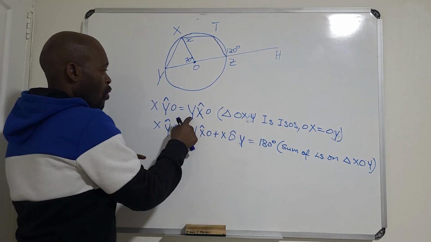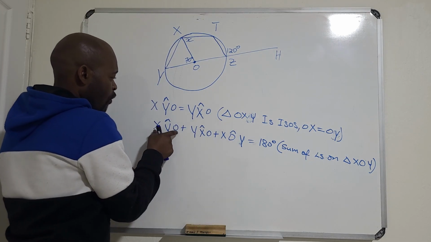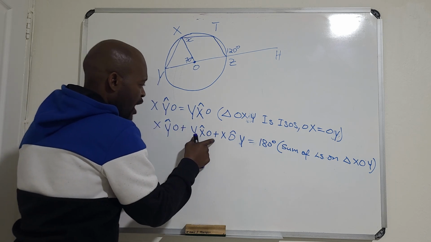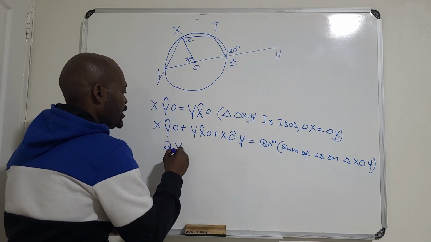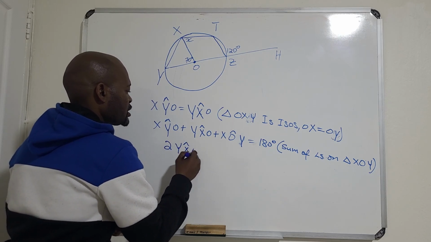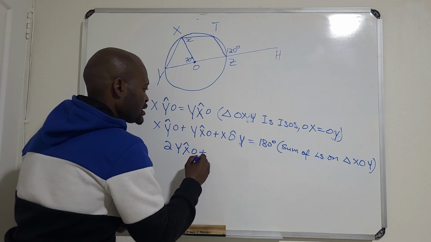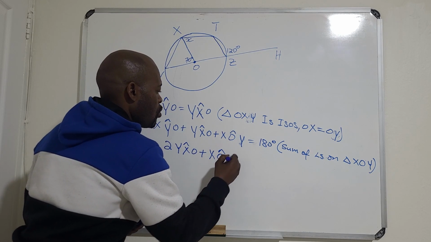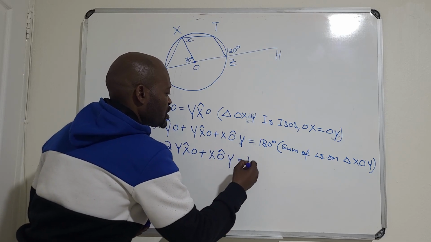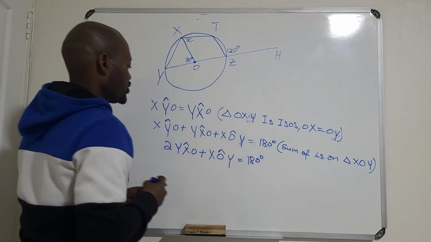So I can put there angle YXO. Therefore, angle YXO plus angle YXO is going to be 2 angle YXO plus angle XOY, which is equal to 180 degrees.